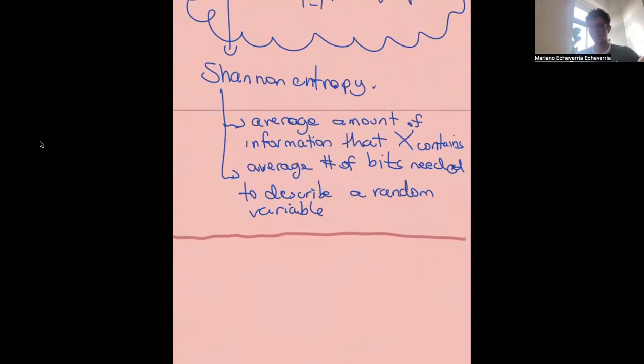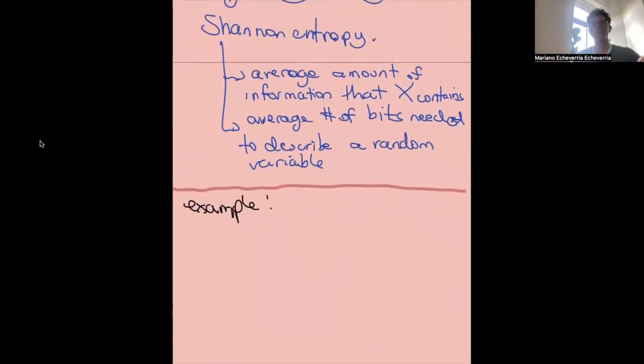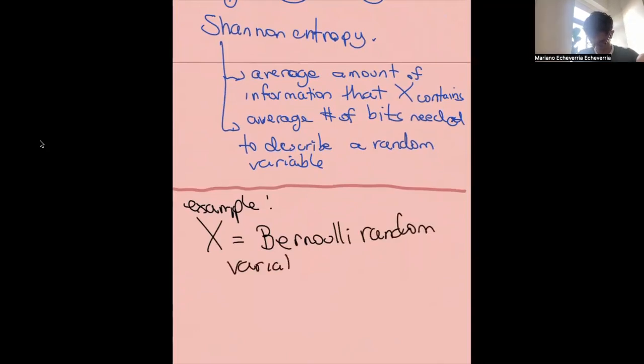So let me give you an example. Let's say that X is a Bernoulli random variable. Let's do something very simple. So X is a Bernoulli random variable with parameter P. What did that mean?